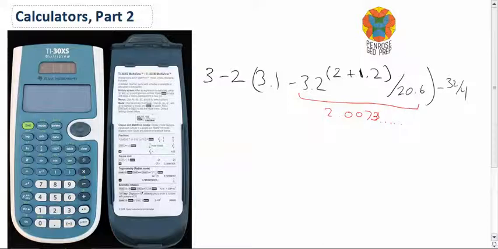We want to subtract this number from 3.1. So we type 3.1 minus answer. Give that a try, and you should get something like 1.0927, something like that.